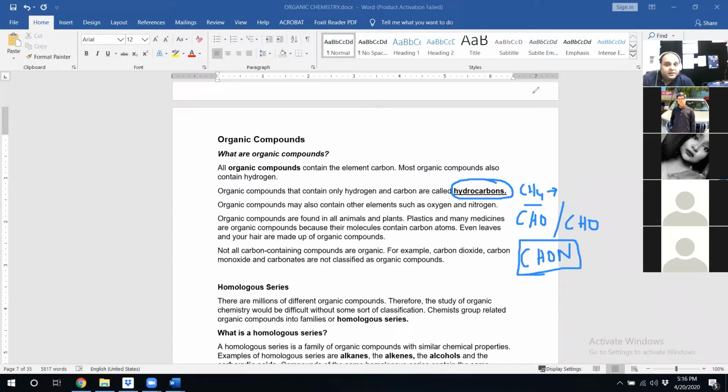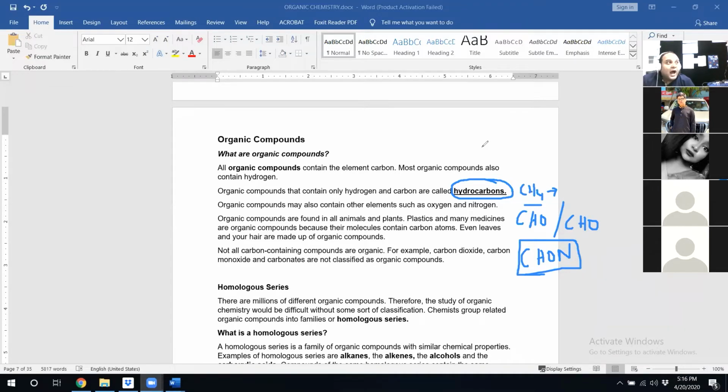So from here, we are able to identify that carbohydrates, proteins, fats are all part of, what do you call that, organic chemistry.